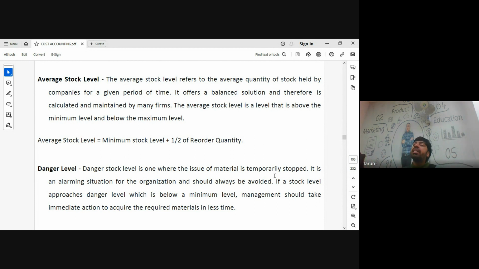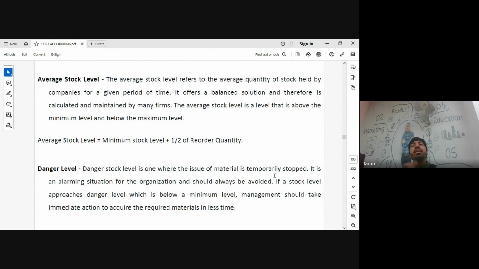So it is calculated and maintained by many firms. An average stock level is that level which goes above the minimum level and below the maximum level. Right? So this is called the average stock level.